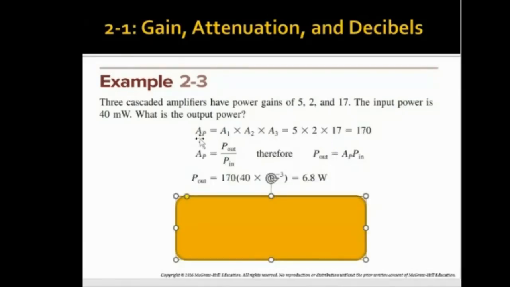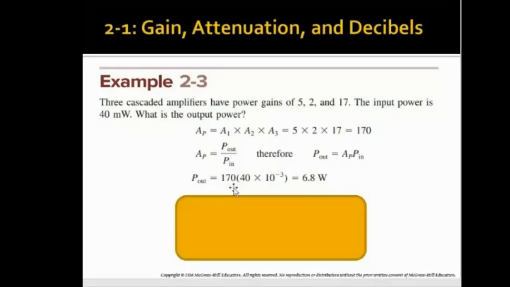What we do is multiply the 3 gains of the cascaded amplifiers together, which is 5 times 2 times 17, to become 170. Then we have this equation: if we solve it for output power, we have gain times input power.